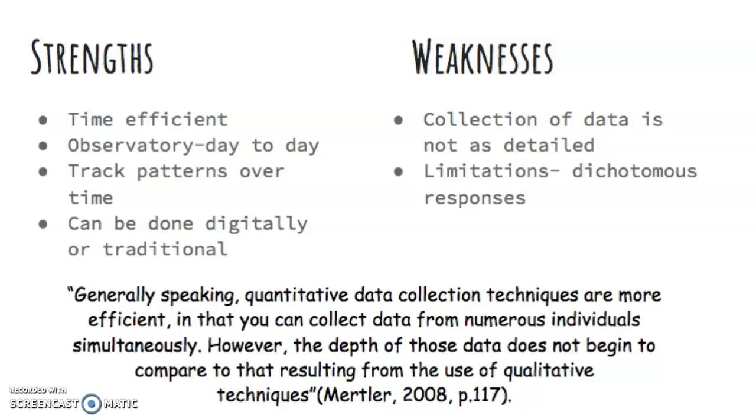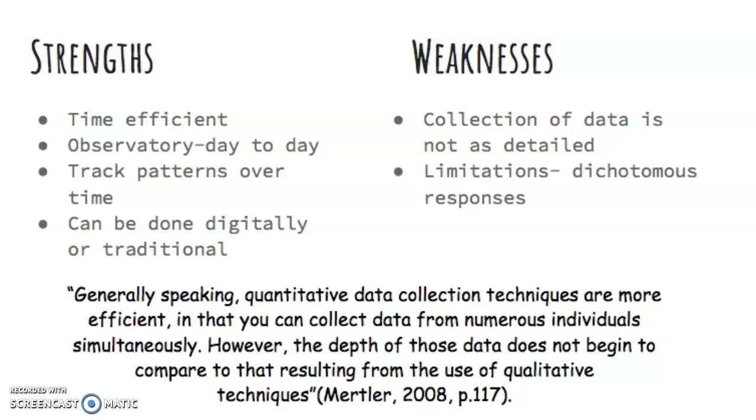I thought the quote from Mertler that I have here applied to this. Generally speaking, quantitative data collection techniques are more efficient in that you can collect data from numerous individuals simultaneously. That would be more of a strength for a checklist, that you can look at multiple students in an efficient, timely manner.